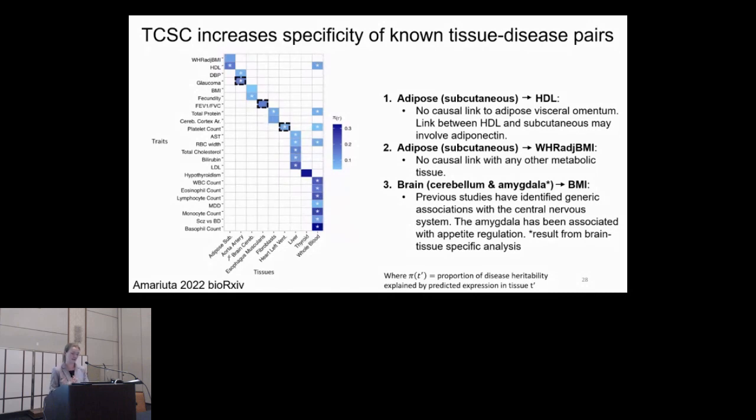So, the next thing that we think we've increased the specificity of is for waist-hip ratio adjusted for BMI, where again, we have these 3 adipose tissues. Signal from subcutaneous seems to be the most likely causal tissue for this trait. And I want to say it's not just a coincidence that the subcutaneous adipose came up for both of these traits.